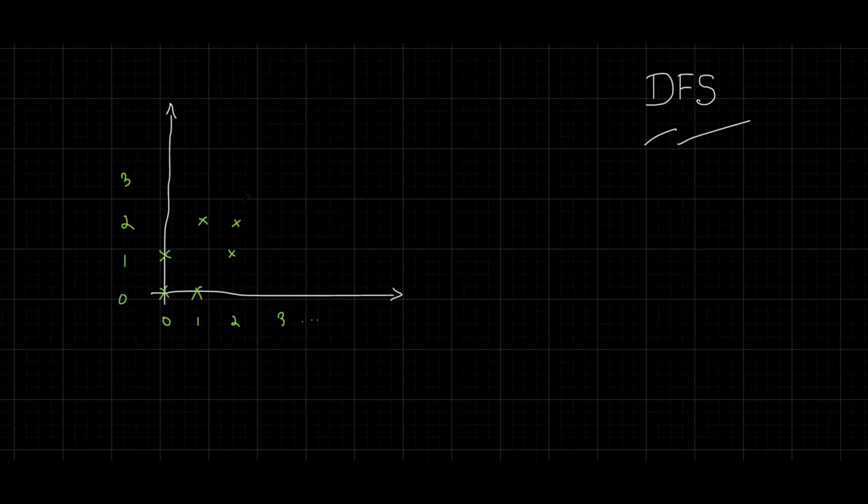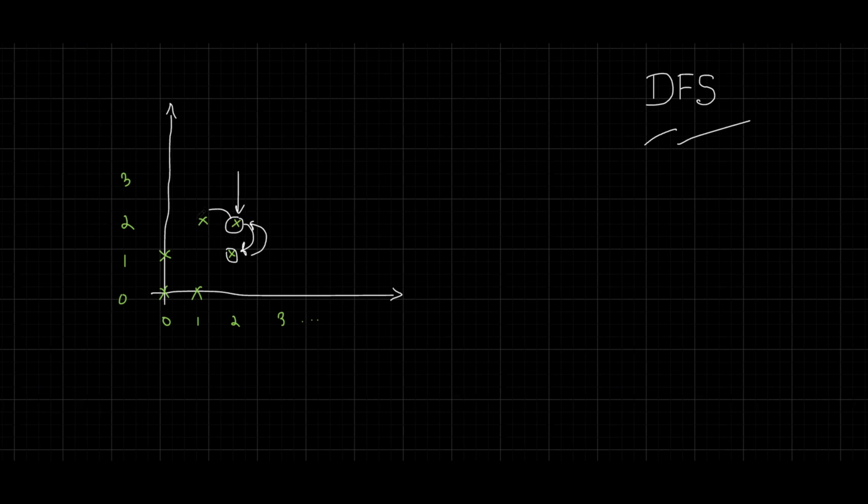Suppose we start the DFS from this cell. Now, from this we can see that this cell is in the same column, so we can mark it visited. Now from this we can go to this parent again, so we can mark it visited as well.